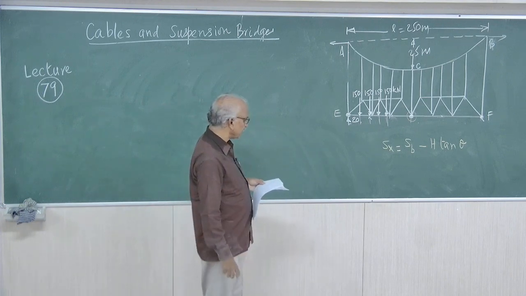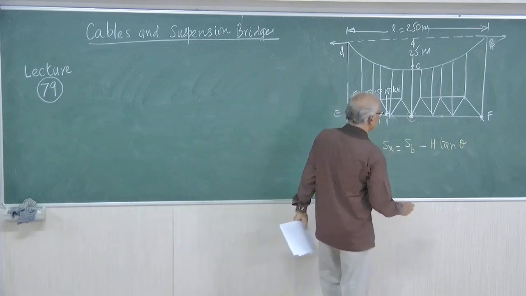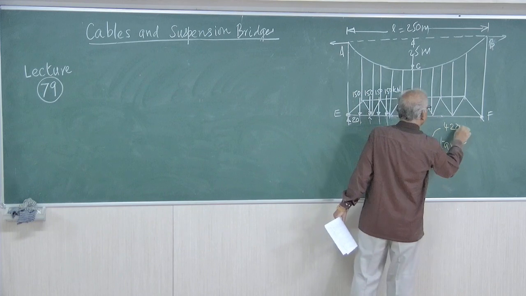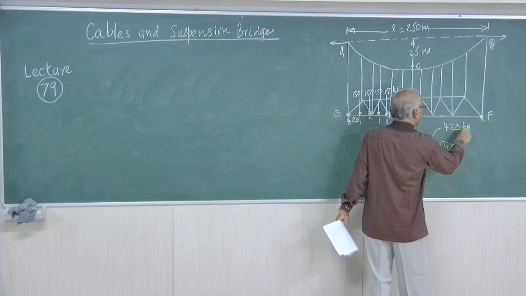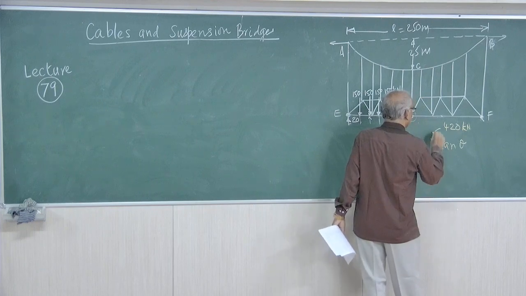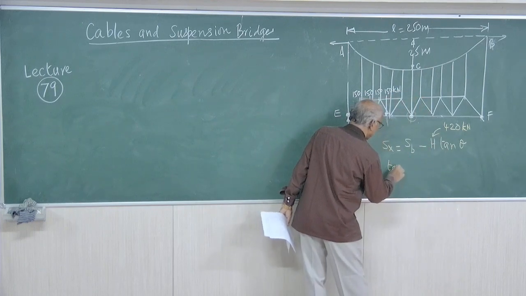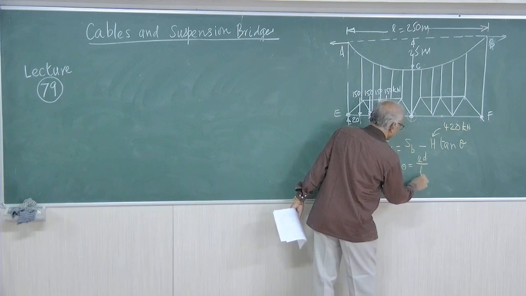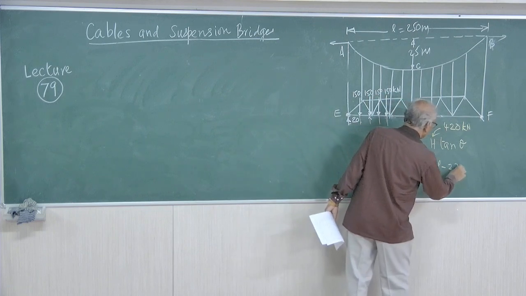SB is the beam shear, and h in the given problem is 420; in the previous problem it is available. Otherwise, you can find out the value of horizontal tension. We know tan theta equals 4d by L square into L minus 2x.